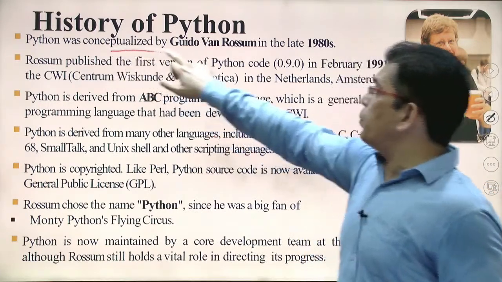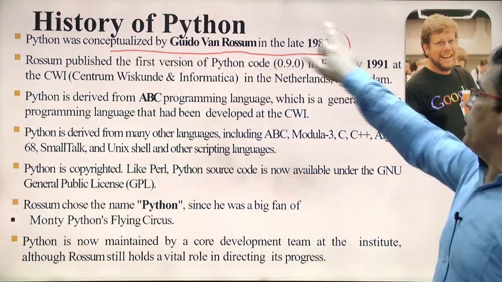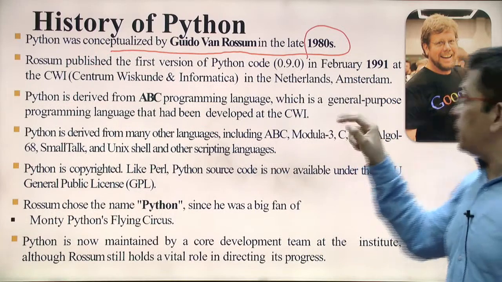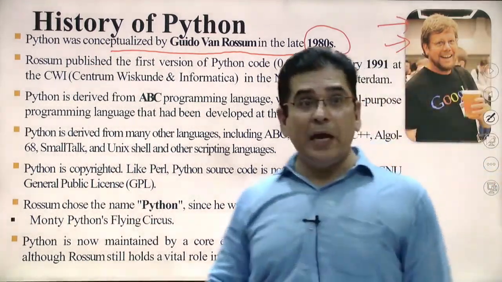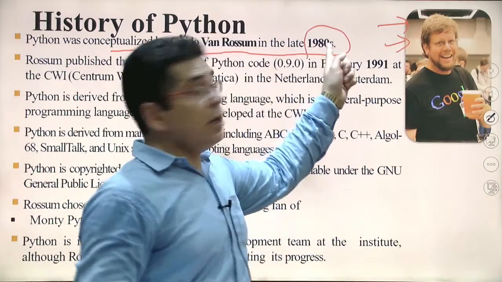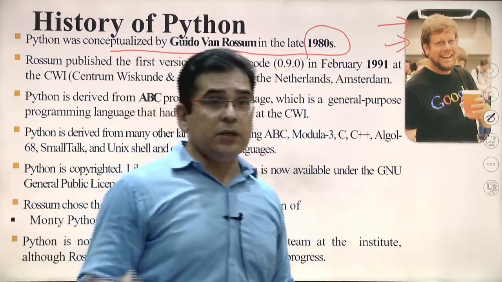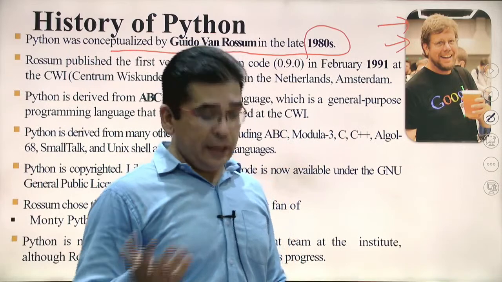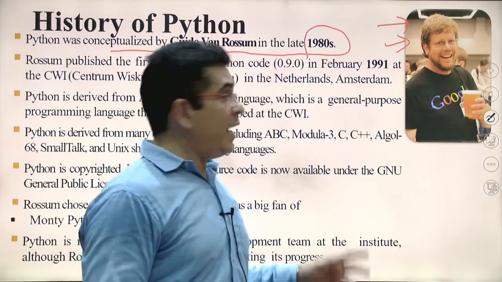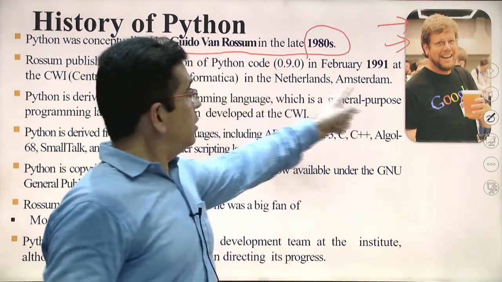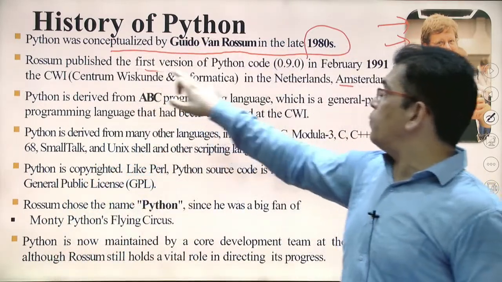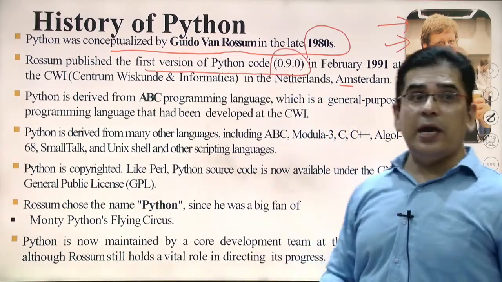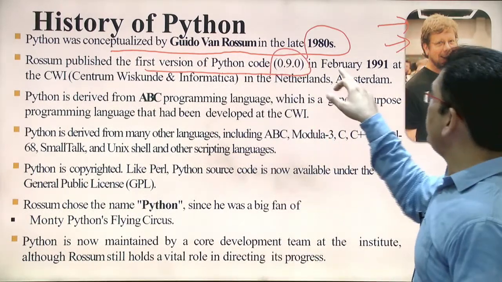It was conceptualized by Guido van Rossum in the 1980s. The picture of the person is given here. This is the person who developed Python in the late 1980s, around 1987, 1988. Van Rossum published the first version of Python, 0.90, in February 1991.